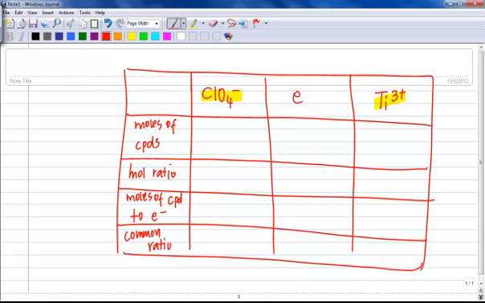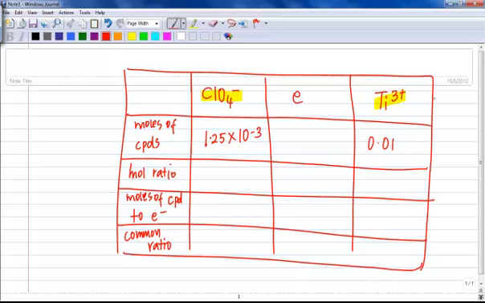So these few headings, you have to remember very well so that you can sub in the values easily. Alright, let's take a look. So ClO4-, I have 1.25 times 10 to the power of -3. This is given in the question. Ti3+ has 0.01 moles, also given in the question.